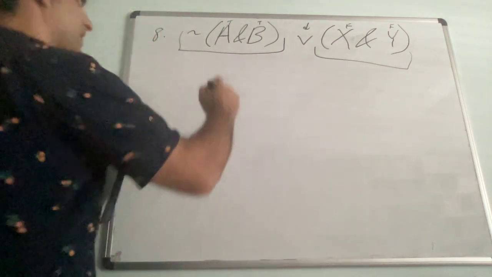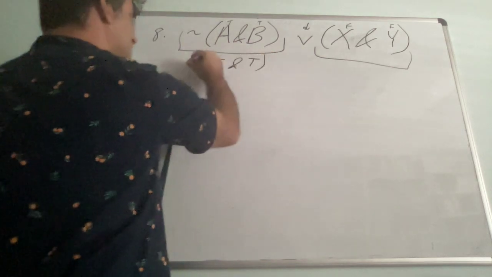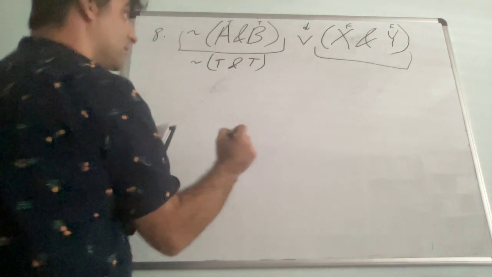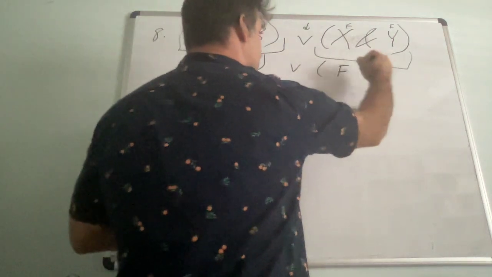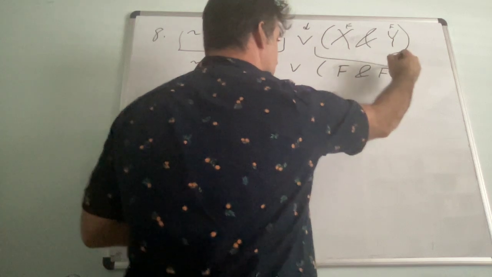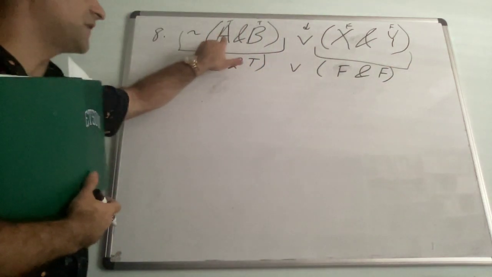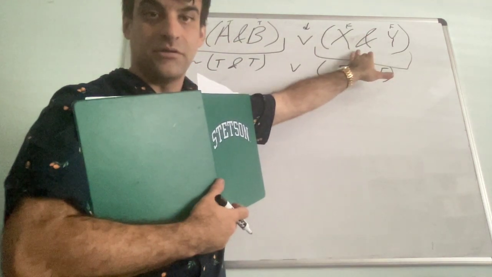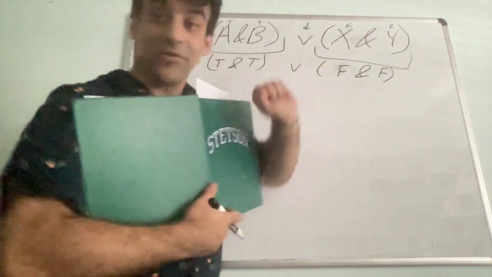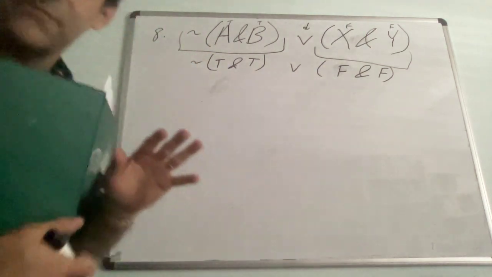Okay, so we've got true and true negated, or false and false. Okay, so this says either Ann and Bob are not both here, or Xerxes and Yolanda are both here. Okay? Are either of those statements true?